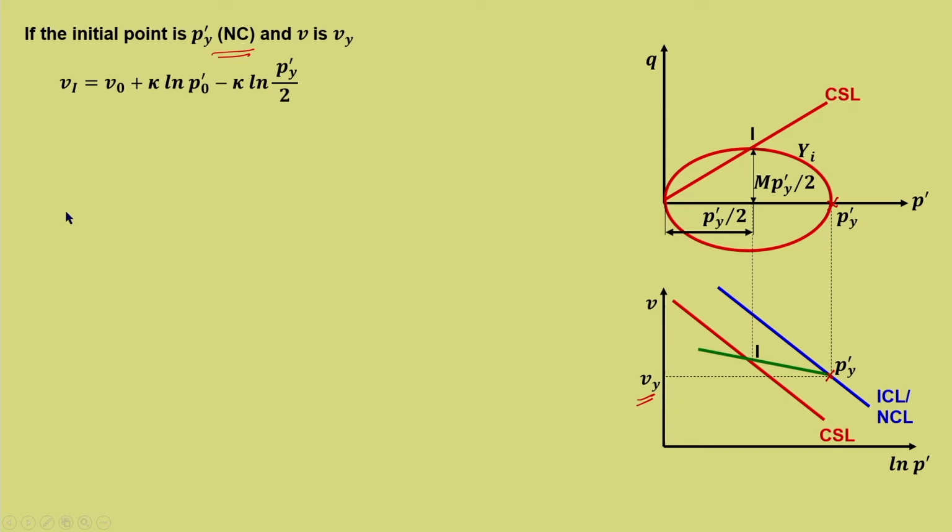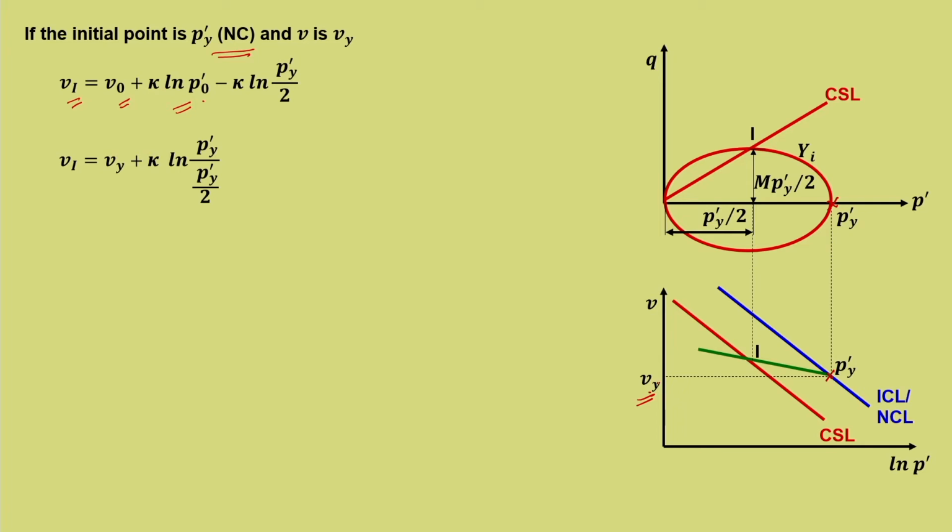So, if that is the case, then Vi can be written as V naught plus kappa ln P naught dash minus kappa ln P dash y by 2. Now, here P naught dash is written in general. Our starting point here is P naught dash is equal to P dash y. So, here Vi can be written as, instead of V naught, the starting point is Vy, because it is a normally consolidated point.